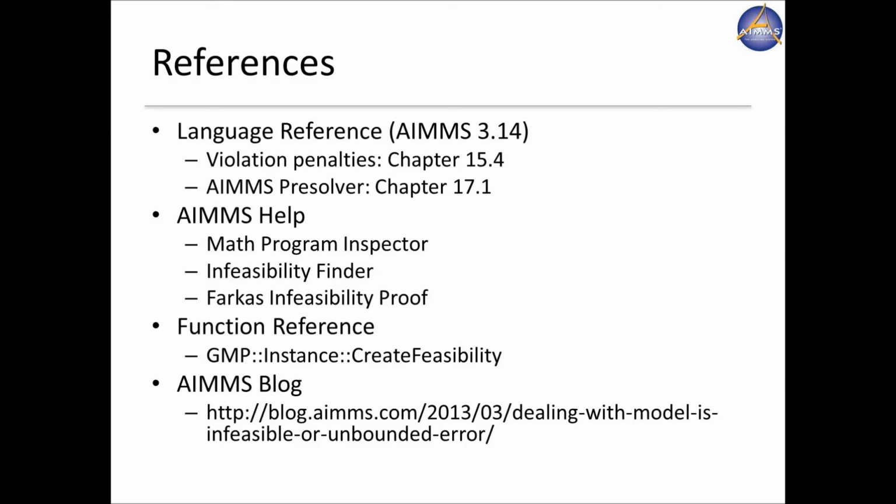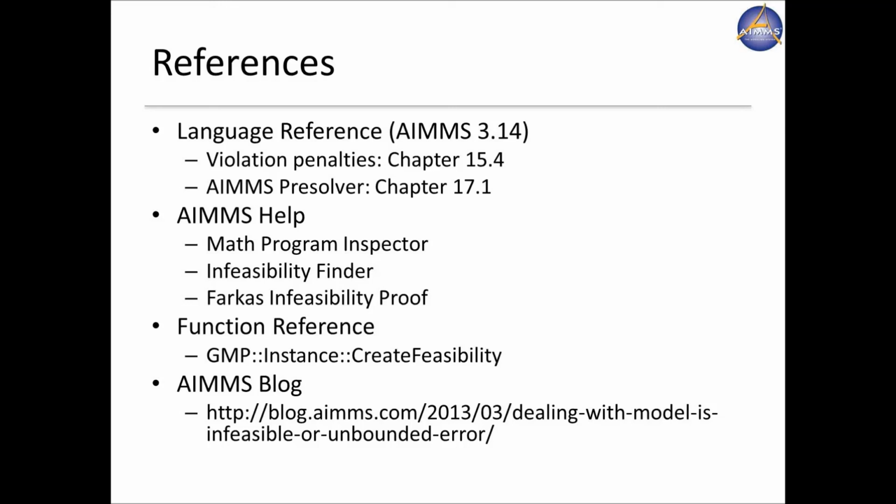The Farkas infeasibility proof can, of course, only be used for linear programs. I think that the people that use the Farkas infeasibility proof claim that it's the most natural way to detect infeasibility. The other two, the IIS and the excess variables, are more artificial. The Farkas infeasibility proof is maybe more natural.